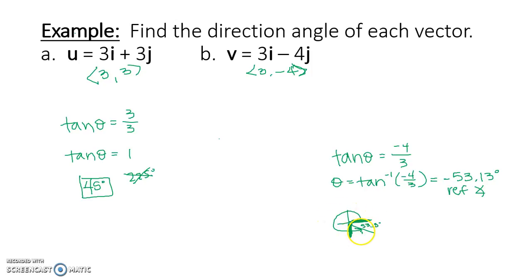I need to know the rest of it. So I'm going to add 360 to that, or I could say 360 minus that 53.13, to get this into quadrant 4, and that gives me 306.87 degrees. That is my direction angle, because that is the quadrant where this angle is.